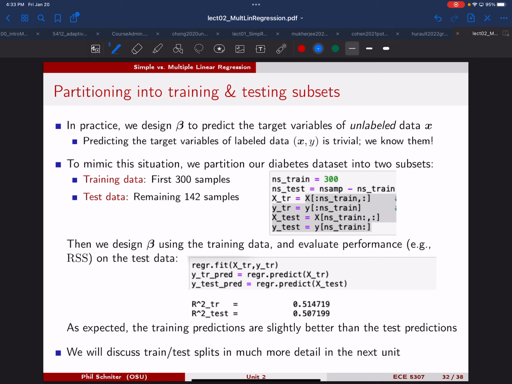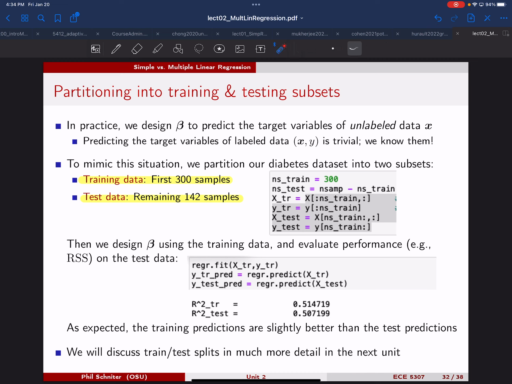The other part, we'll call that the test data, and we will not use that for training, but we will use that to evaluate how well our trained model is working. Okay, so in this case, just for this experiment, we're going to use 300 of our 442 samples for our training data, and then we're going to use the rest, 142 samples, for our test data.